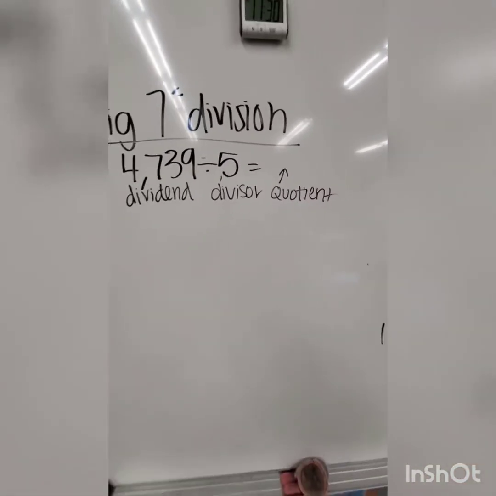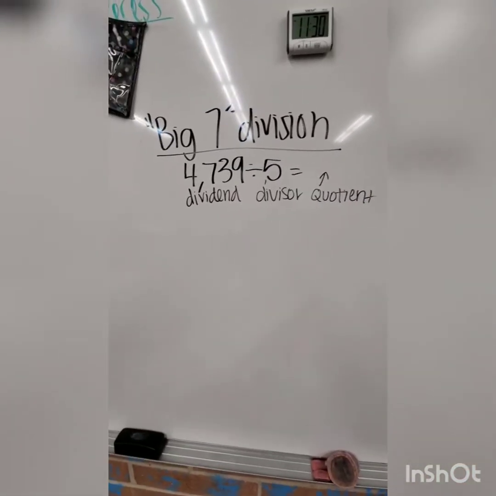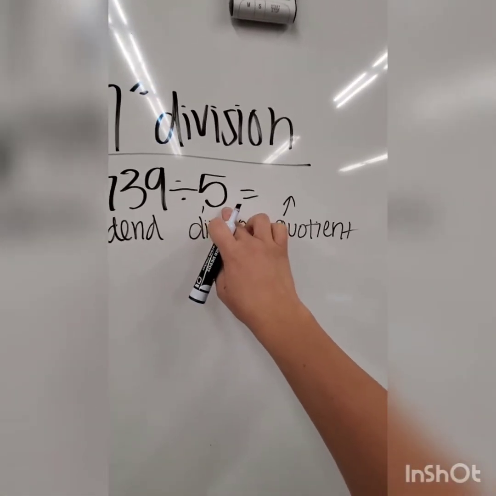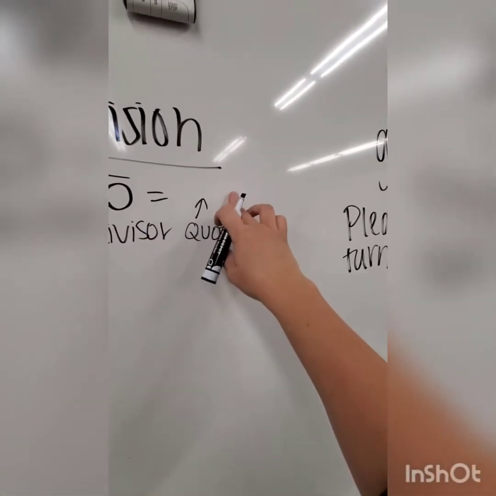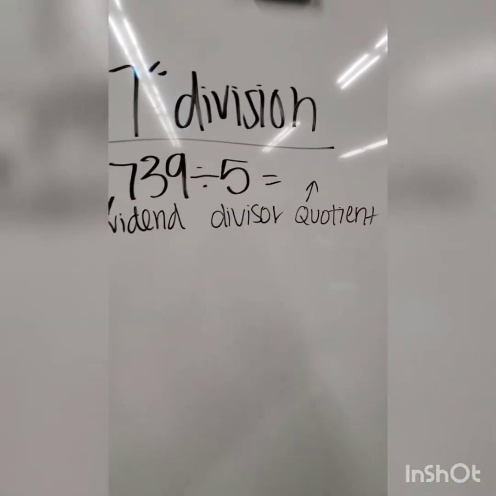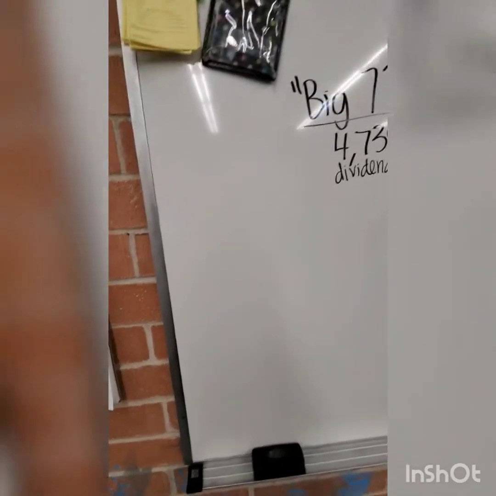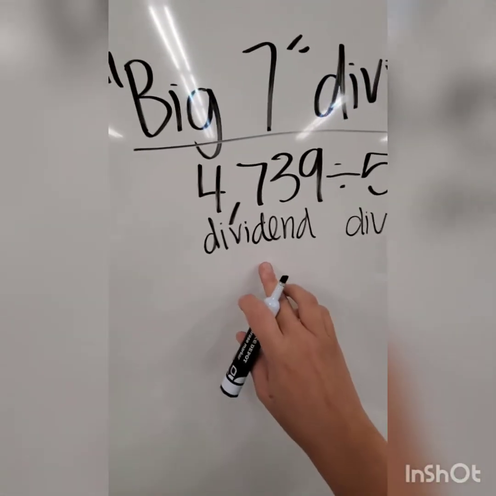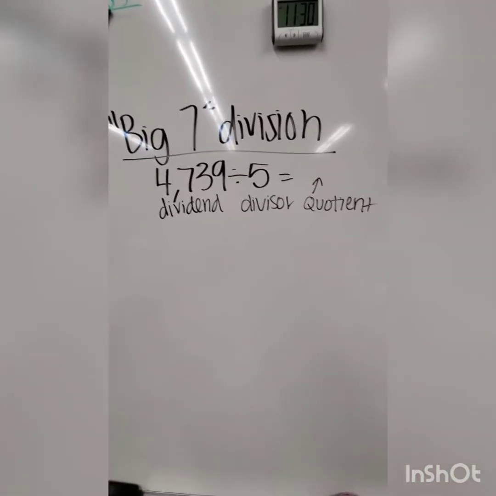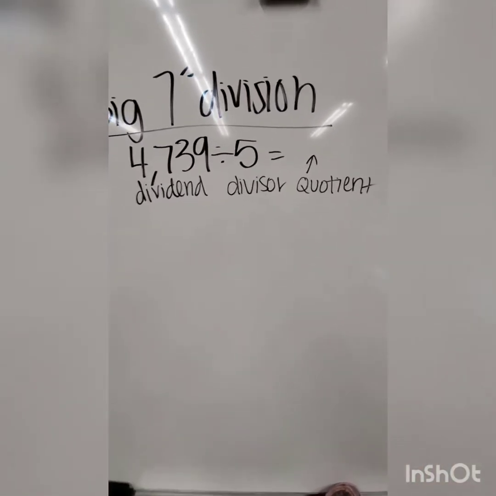Knowing this vocabulary will help them because they will know that the divisor is the number of groups that they should have, and that the quotient is how many things are inside each group. And if they add up all of those things, they will get 4,739. So it becomes really important when they check their work with multiplication.